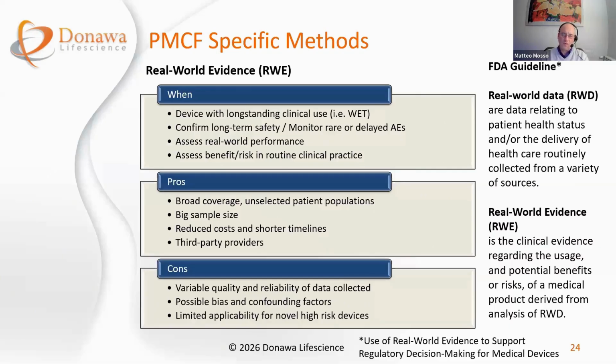First of all, when we are speaking about devices that have been on the market for a very long time, so we consider, for example, well-established technologies, or if we want to confirm the long-term safety, or we need to verify if the device has late adverse events, or if some rare adverse events occur.